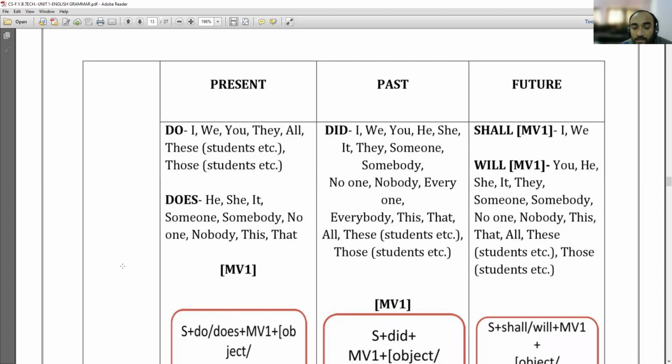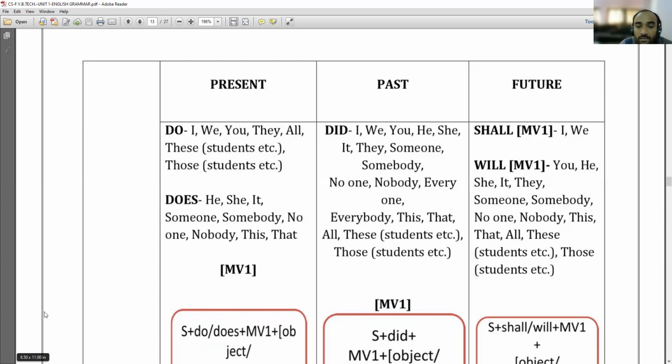And when to use does? Does is used after singular pronouns or singular subject. Okay, when to use does? Does we have to use it after singular pronoun or singular subject. Okay, and what are the singular subjects?